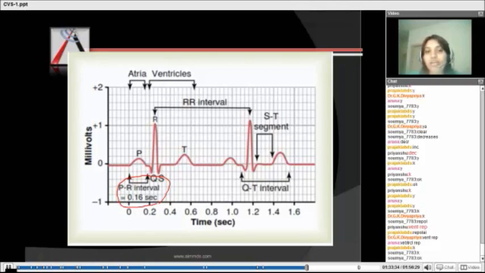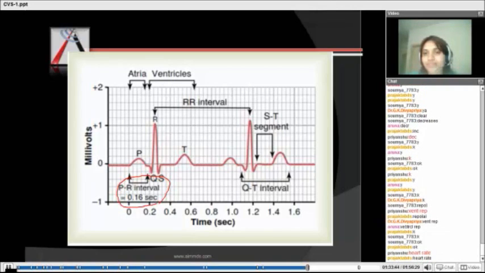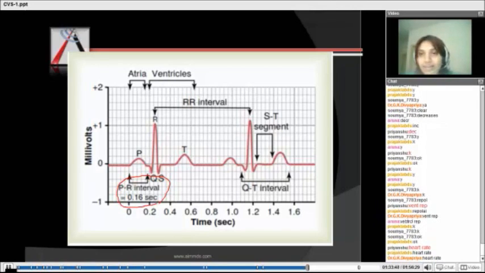RR interval, what does it give? We already saw it. Hopefully you understand it. The RR interval will help you in giving the heart rate. That is 60 divided by the RR interval. But what is R to R?